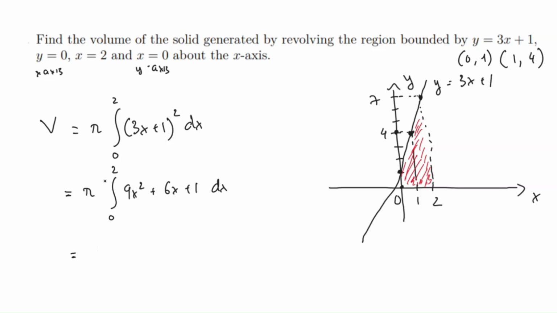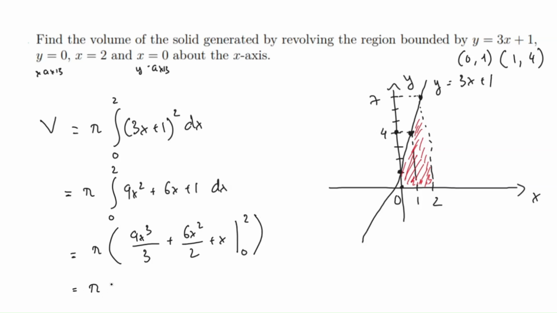Next, to calculate this integral, you just find the antiderivative of it. The antiderivative of 9x squared is 9x cubed over 3, plus 6x squared over 2, plus x, from 0 to 2.